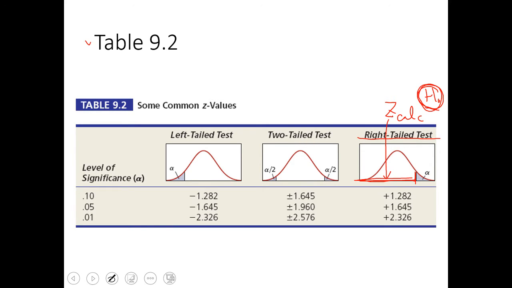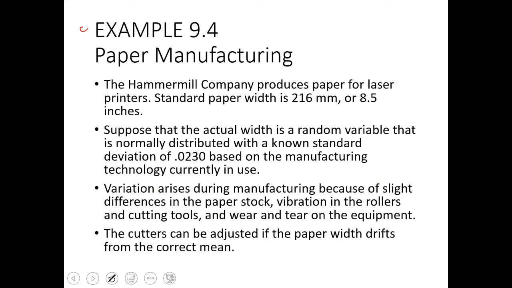But if this z statistic is located in this right-tailed area, then we reject the null hypothesis.